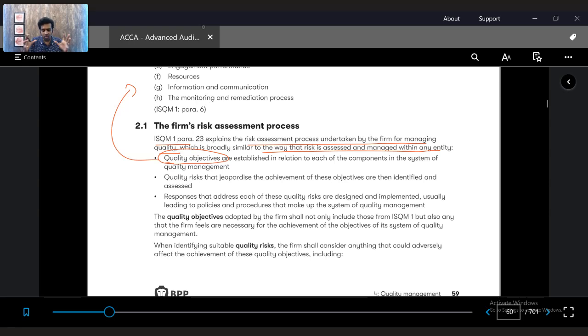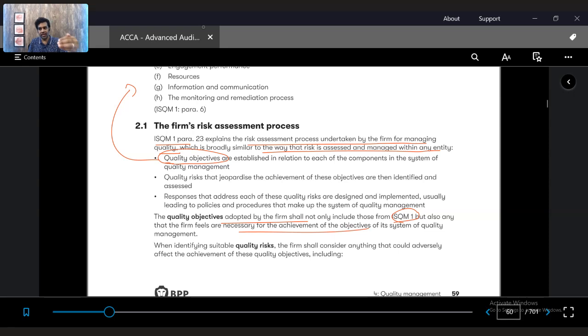They should have all the processes and policies established where they are fulfilling all the components in relation to quality management. That will be the first case of quality objectives. But at the same time, the quality objectives adopted by the firm shall not just include those for ISQM 1, but could also be additional objectives that the auditor can establish as part of their own quality management process.